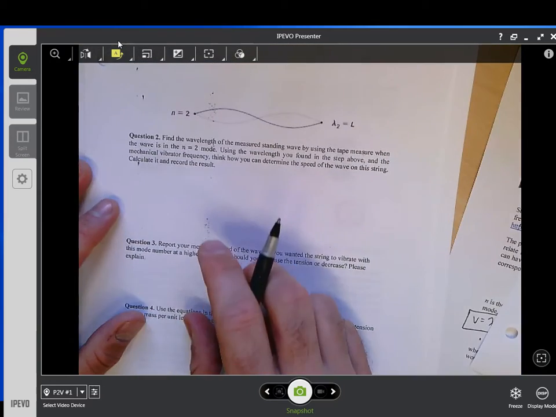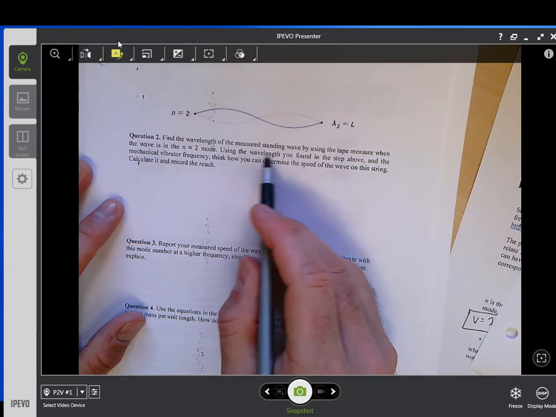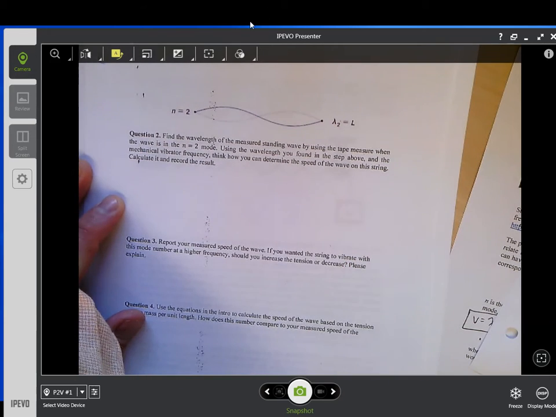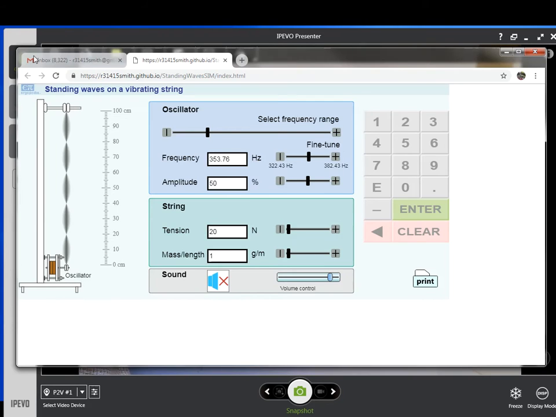Find the wavelength of the measured standing wave using a tape measure when the wave is in the n equals 2 mode. So fortunately, we wrote down the different modes that are associated here. So I can just go right on back to 141.1.